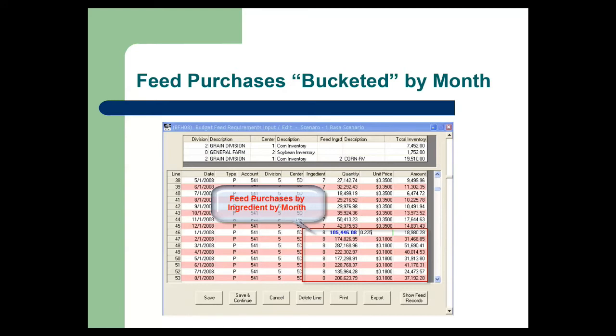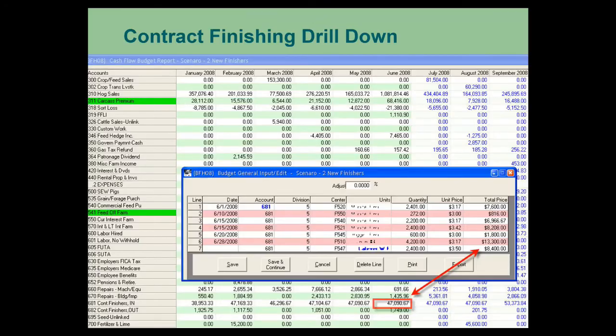I can just drill down and adjust those prices. And here's more examples of feed being bucketed. And these are the different screens you can look at to go down. Here is an example of contract finishing, repetitive entry, and it shows the quantity, unit price.